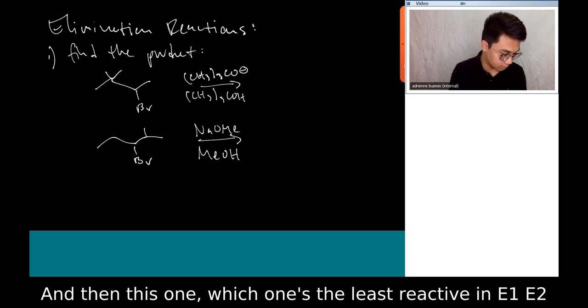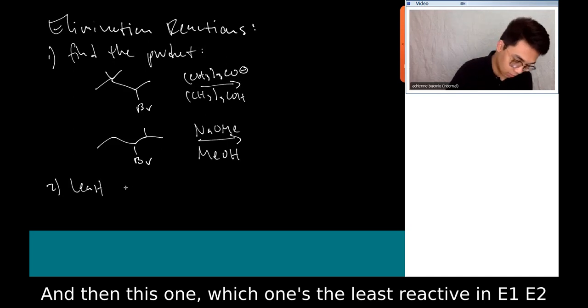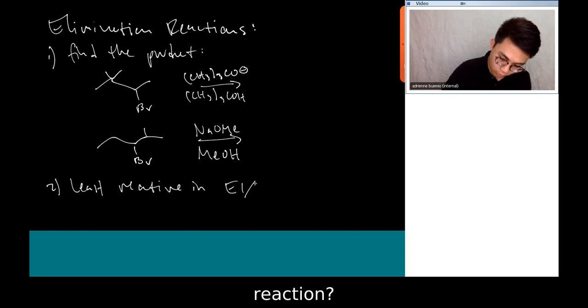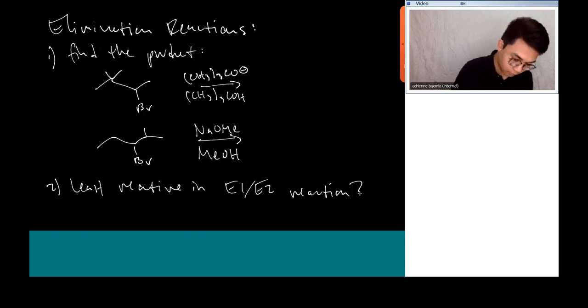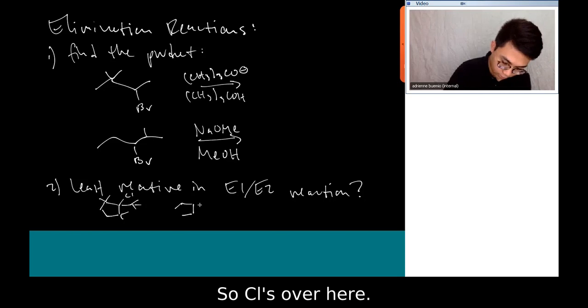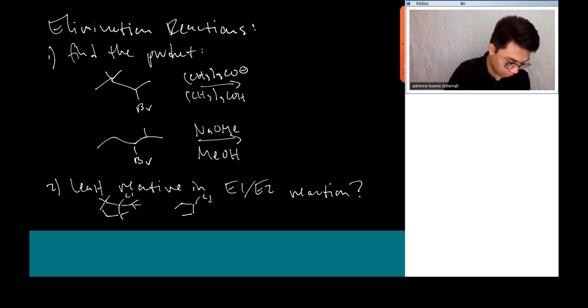And then this one: which one's the least reactive in an E1, E2 reaction? Cl. Okay, that's it. So Cl over here.